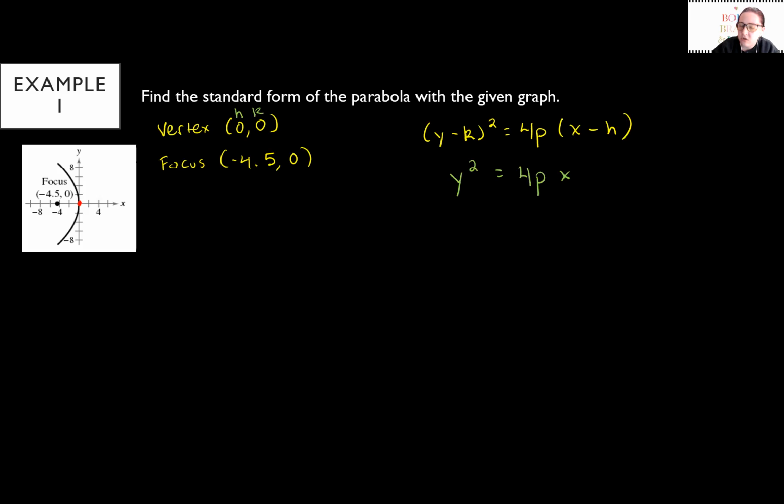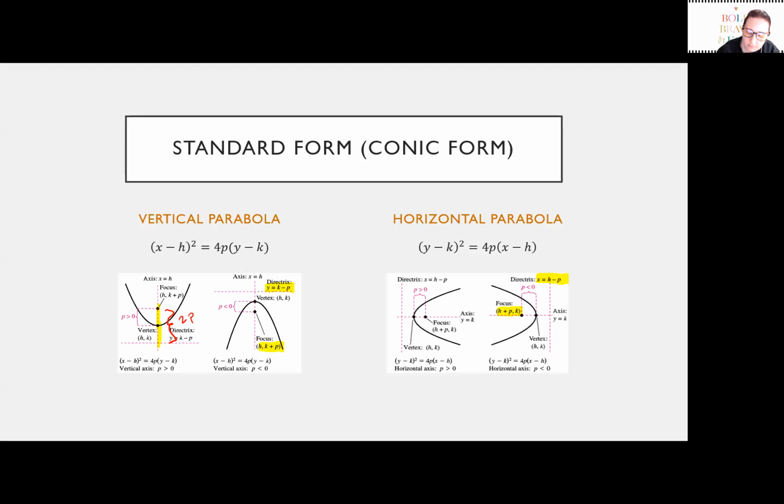So I always start by getting the form of the equation that I need, plugging in what I know, and then your next step is to find p. And so we need to do that using the focus. So I'm going to go back to this slide again. And this is where we're using this ordered pair here, that the focus is h plus p comma k. Or you could literally find the distance between your focus and your vertex, but I just usually use what I have here, h plus p.